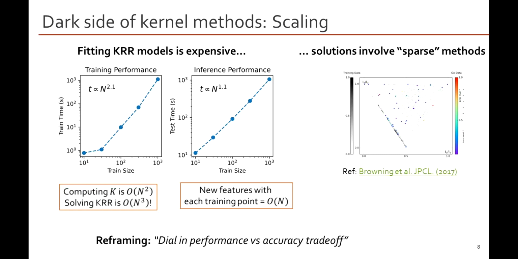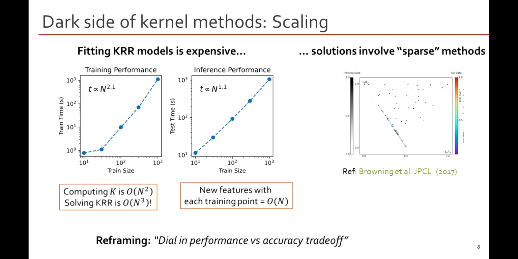Now that I've shown you the good sides and practical ways that kernel ridge regression is used, one of the features of it that you really need to know about before being able to practice kernel learning well is its downside. And that has to do with how well kernel methods scale with the amount of training data that you have available.